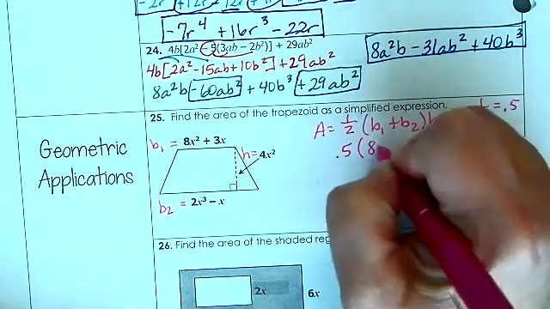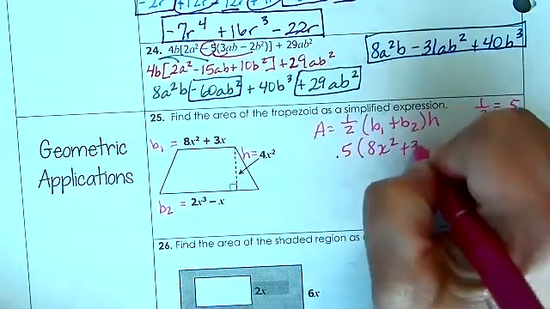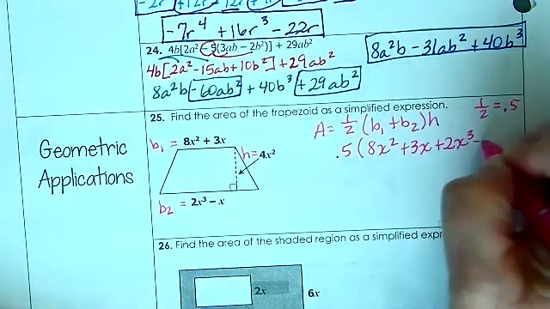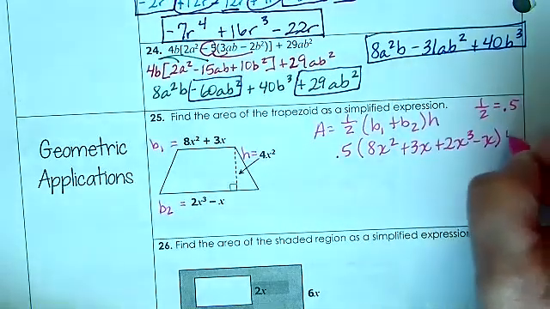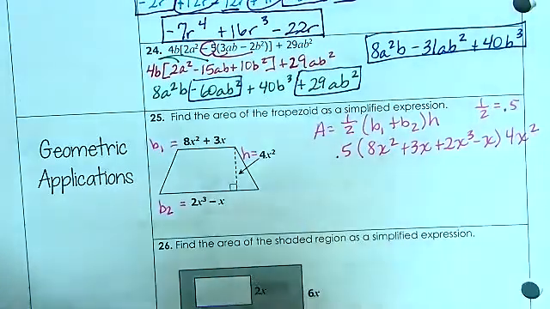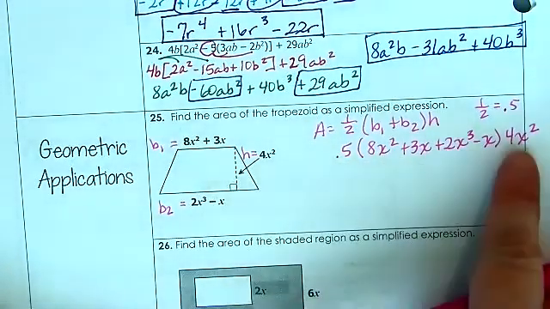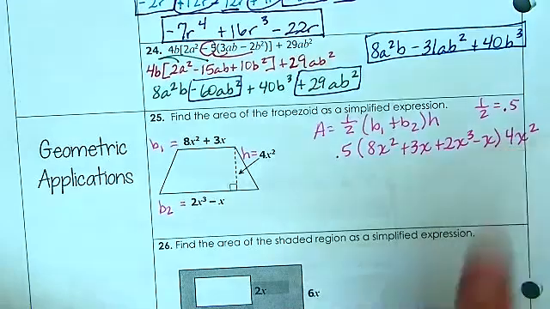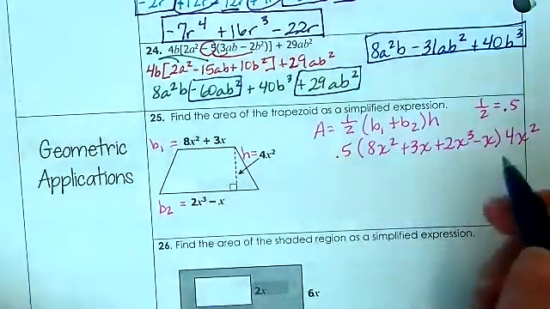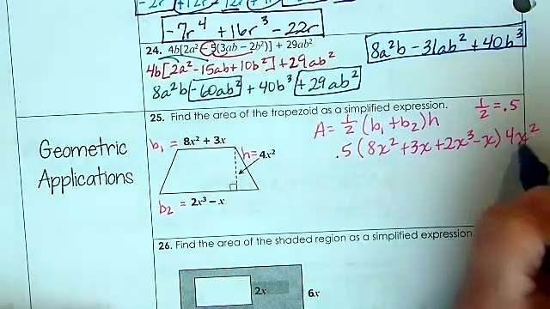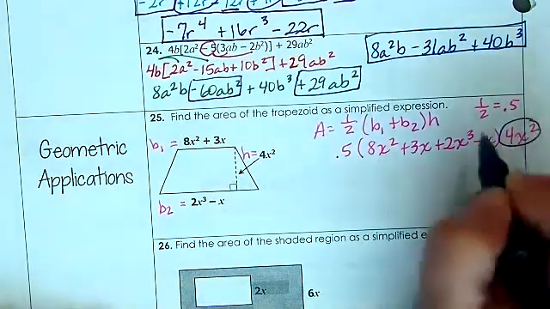I guess I can go ahead and write that down, and then you can simplify from there. So we would have 8x squared plus 3x plus 2x cubed minus x all times 4x squared. And you can either multiply by the 0.5 first, or you can multiply by the 4x squared first. Go ahead and finish this. I'm going to go ahead and multiply by the 4x squared first.